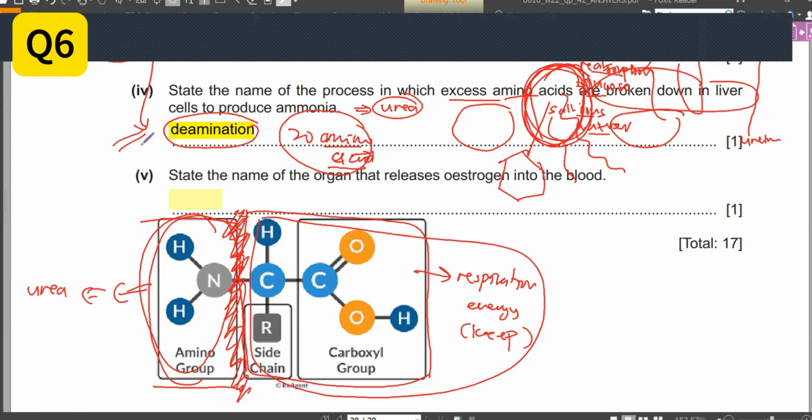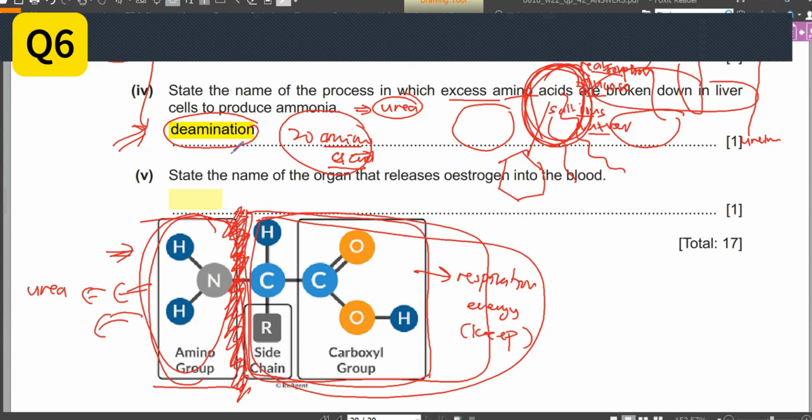This is why we have deamination. Our body is a very efficient system and will not waste anything if possible. For excess amino acid, it cuts off the amine group and removes it as urea, but keeps the rest for respiration.